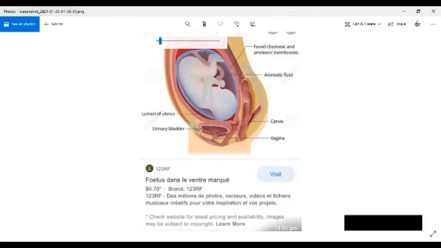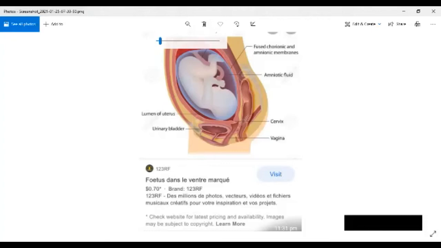Then about the function of the placenta: oxygen and nutrients reach the fetus through the umbilical cord developed from the placenta. So the umbilical cord is developed from the placenta, and through that umbilical cord, nutrients and oxygen from the mother reach the baby.